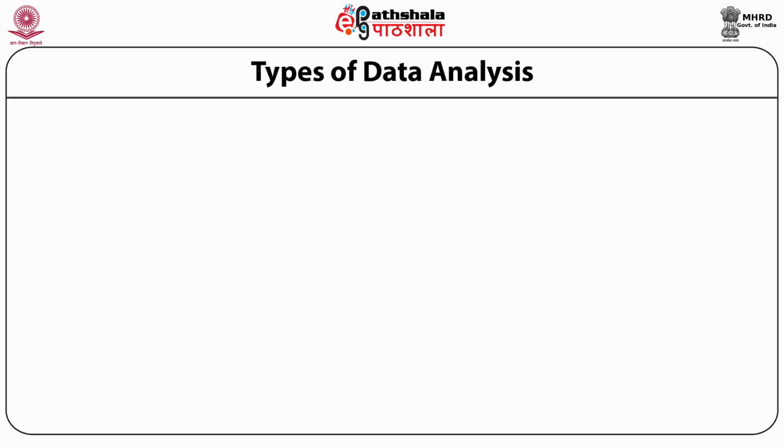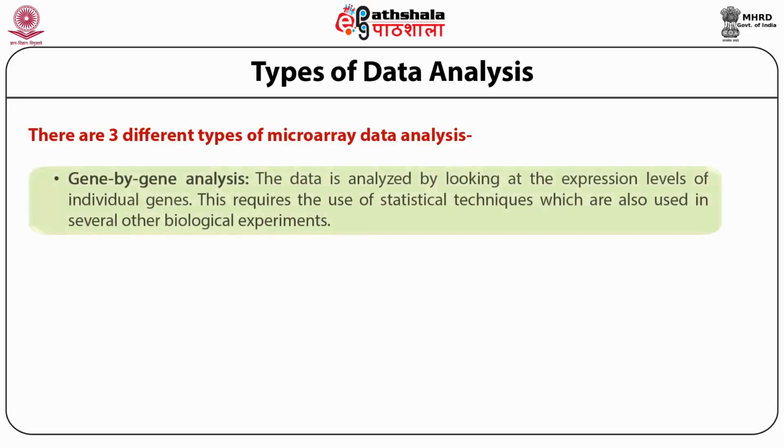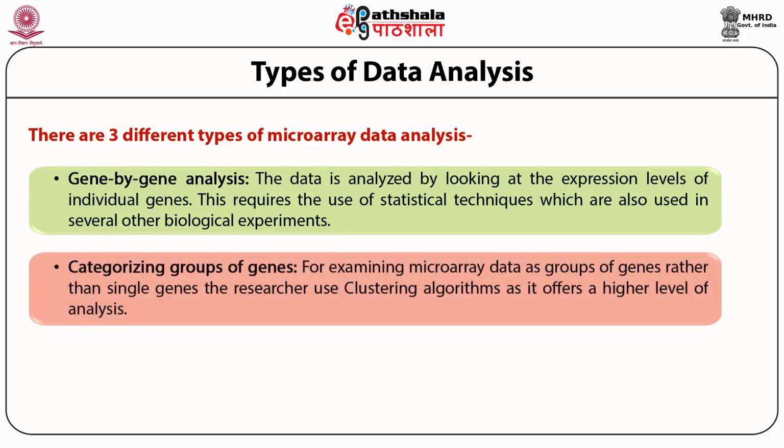Types of data analysis. There are three different types of microarray data analysis. The first is gene-by-gene analysis. Here, the data is analyzed by looking at the expression levels of individual genes. This requires the use of statistical techniques which are also used in several other biological experiments. The second is categorizing groups of genes.